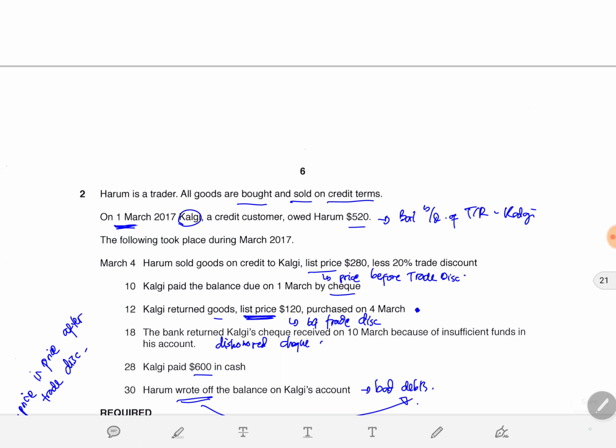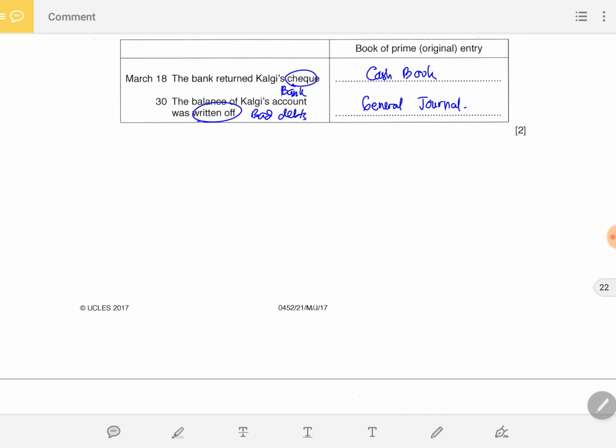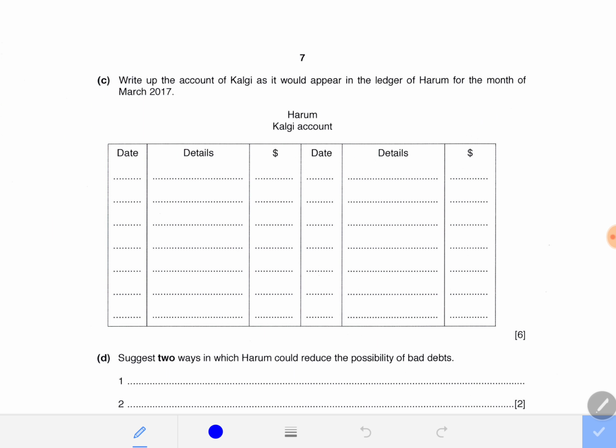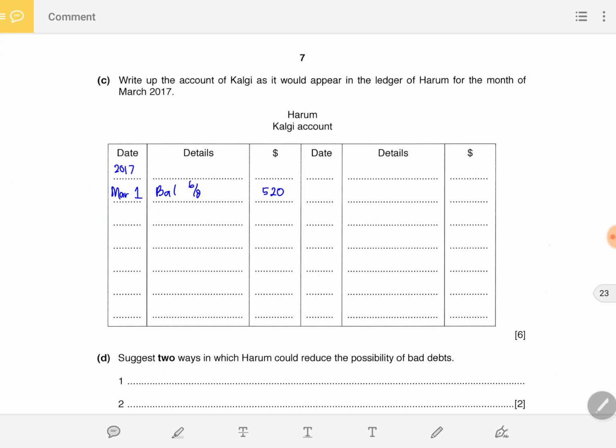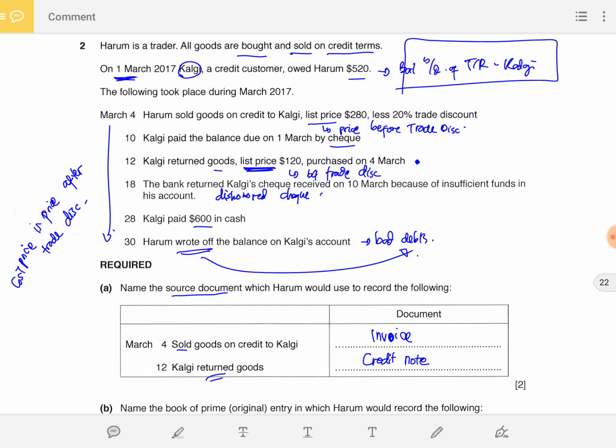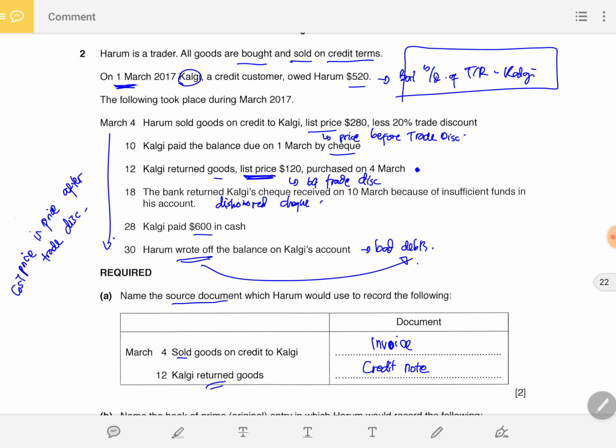First we put balance b/d at the very beginning, dated 2017, March 1. You have a balance b/d of 520. And then the next transaction with Kalgi is March 4. All of them are for Kalgi.